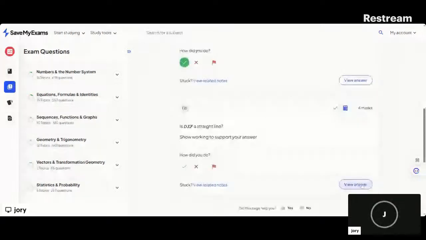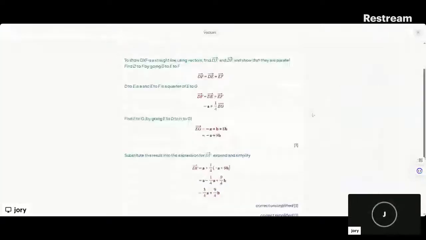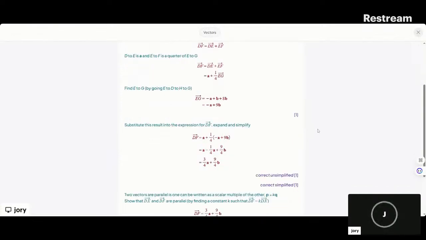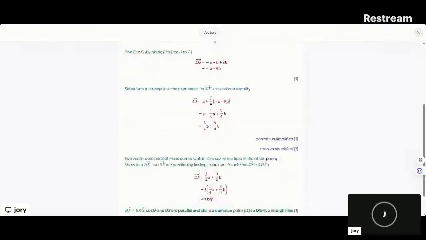Okay, it's 4 marks. EG, find EG. Did I not use EG? Oh, I did. That was the first one. EG. Yeah, there it is, 9B minus A. Okay, that's correct. And then simplifying it is also correct.